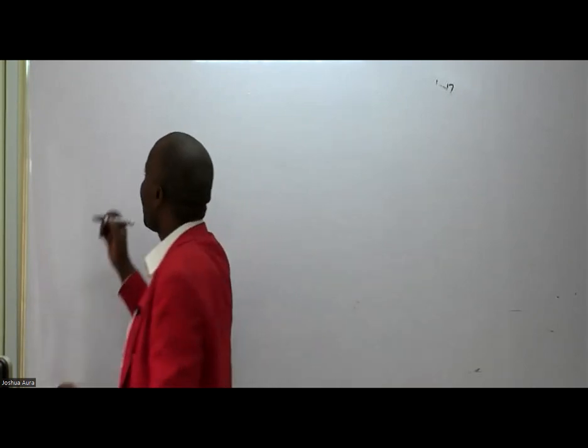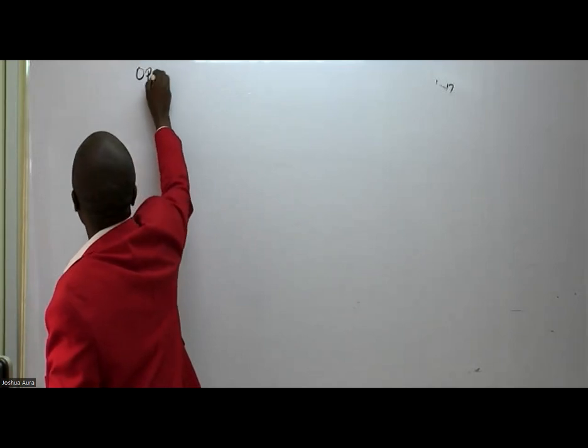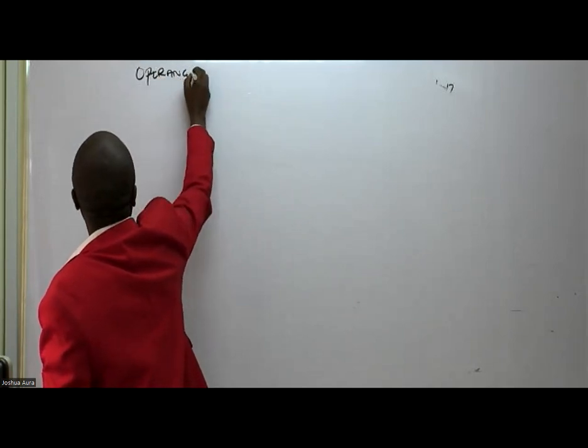And here the examiner is silent. Whenever it's silent, I shall use the indirect method. So we start with operating activities.